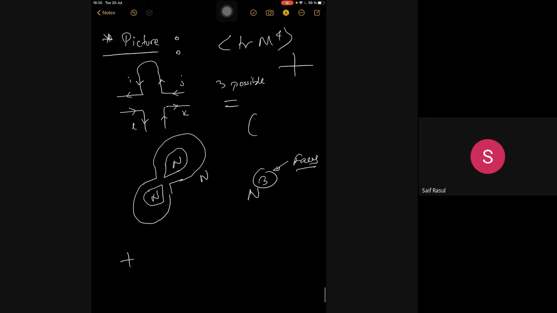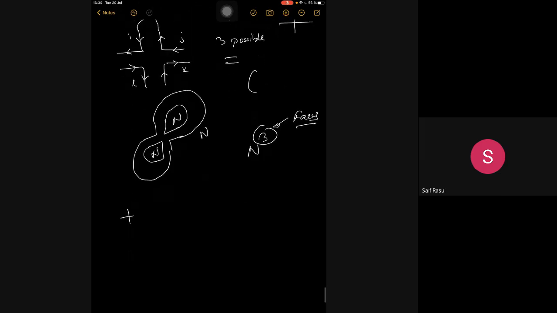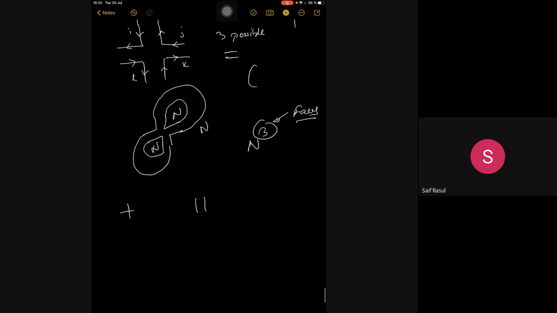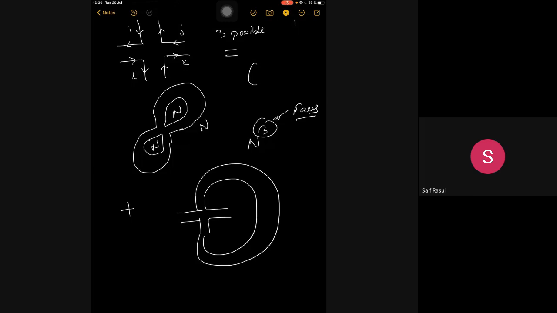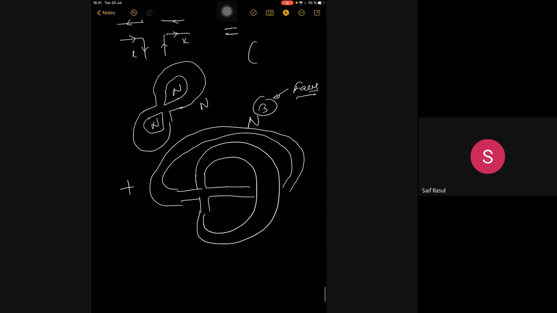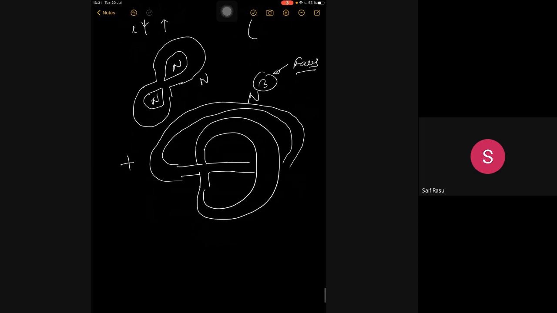And the second type of diagram that we will generate is something like this. And the number of faces here is just one.